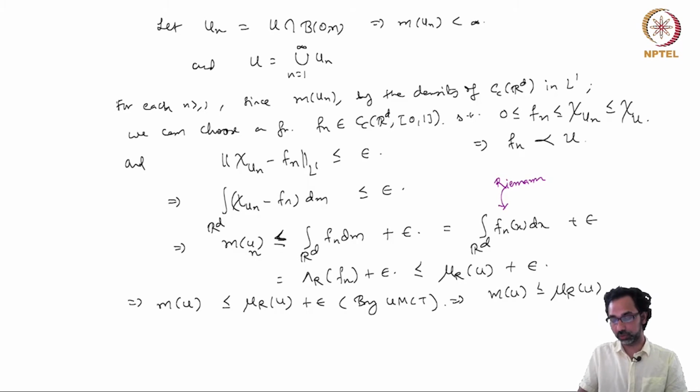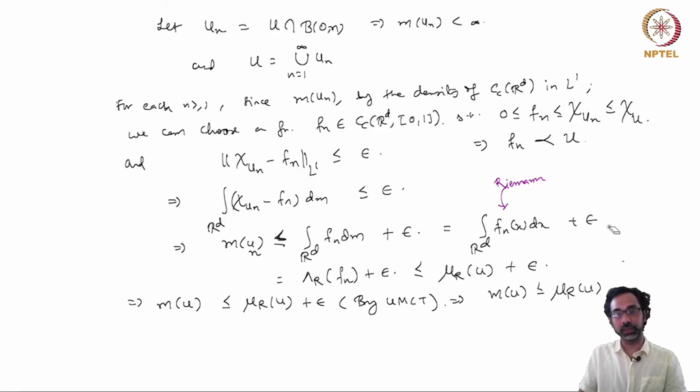So we have shown this for open sets, where we assumed that this was finite, and I leave it to you as an exercise to show this for the case when this is infinite, but then again you can use a limiting argument as I have done here.